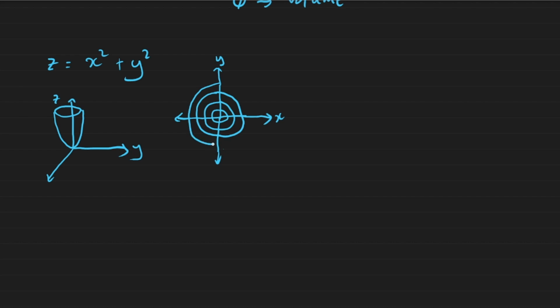They are the level curves. So this could be perhaps z is 1, we could call it z1, z2, z3, z4, etc. So this is the projection of that surface. So how now do we relate this to our constraint?